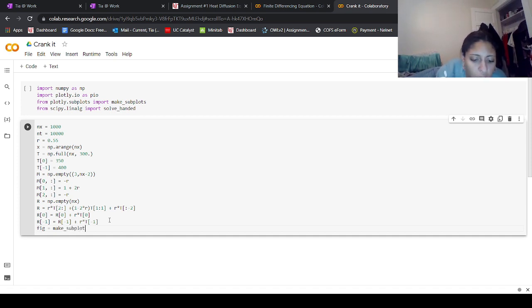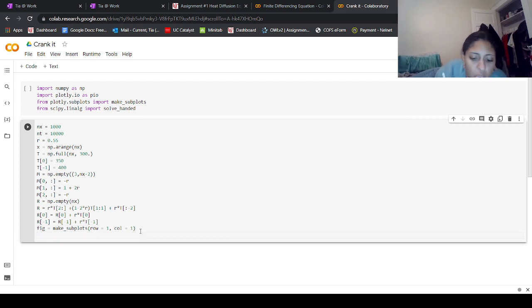Subplot. And then we want the row to be equal to 1, comma, columns to be equal to 1, like we did before in that last one. And we say figure dot add, and then we want a scatter plot. So we want our x to be equal to x because we have x, and then y to be equal to temperature because we have T there.